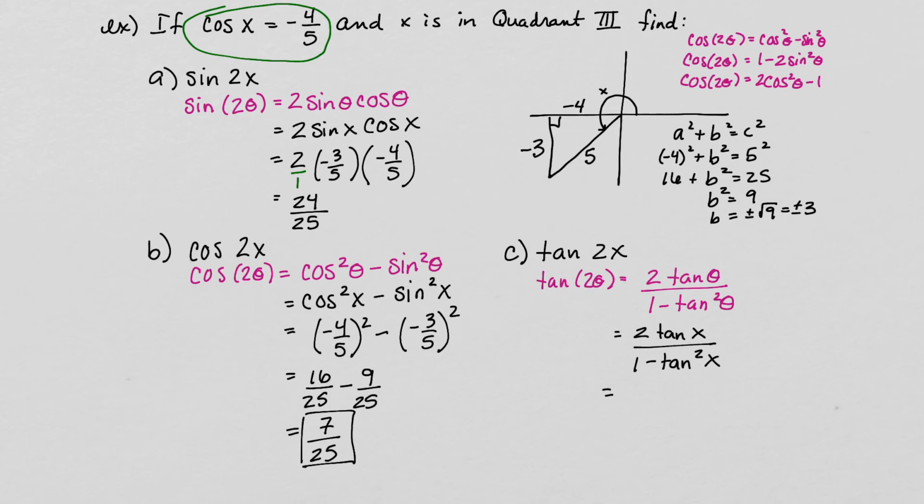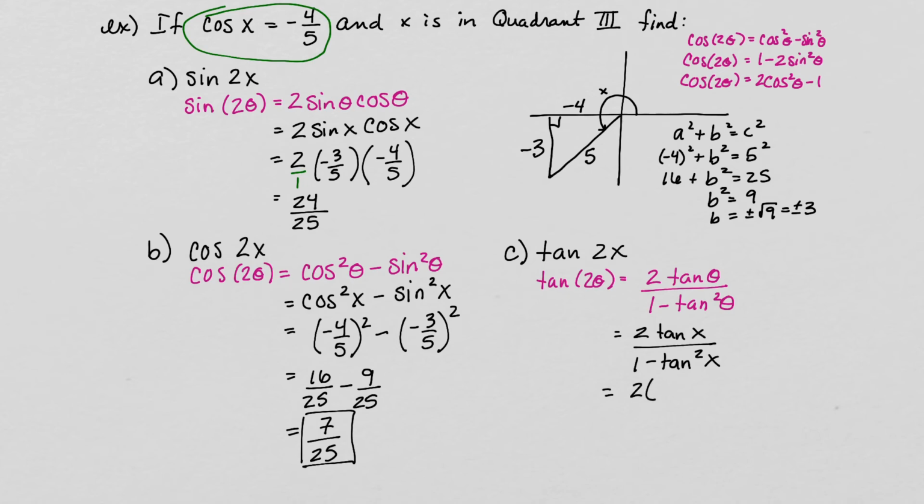So what is the tangent of x? Yeah, 3 over 4, right? It's minus 3 divided by minus 4. So the two minuses will cancel each other out.